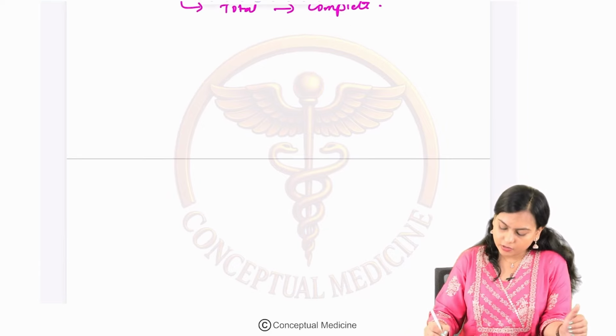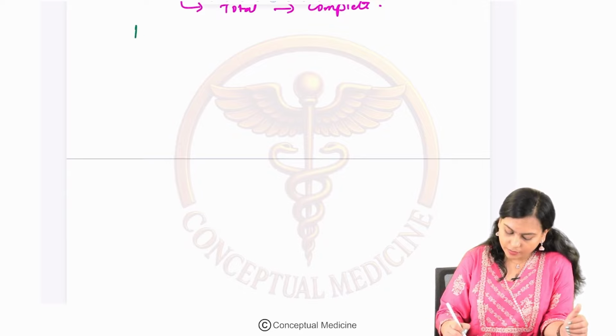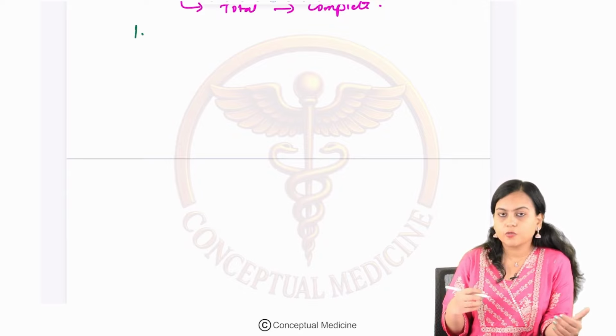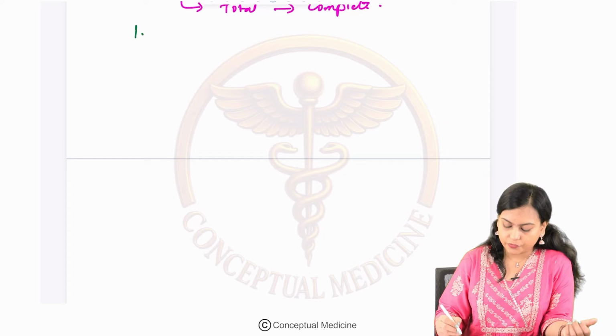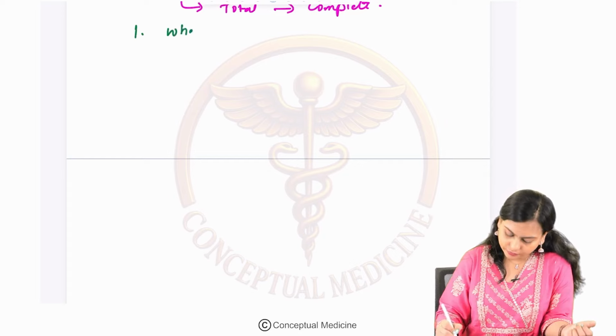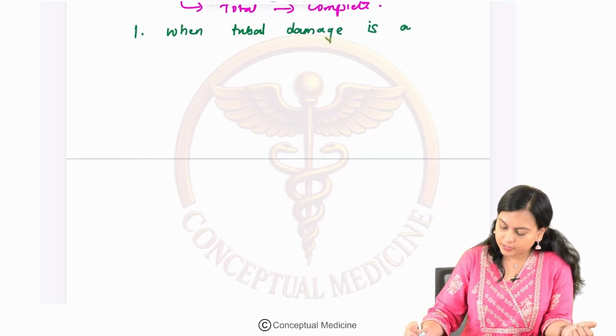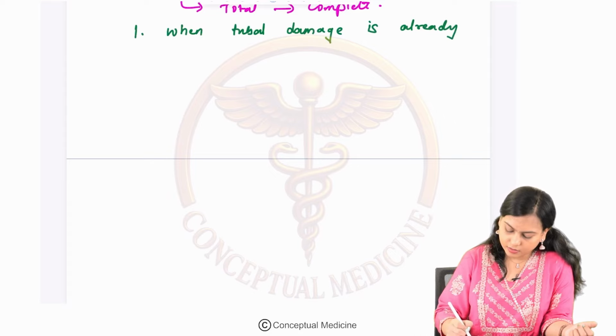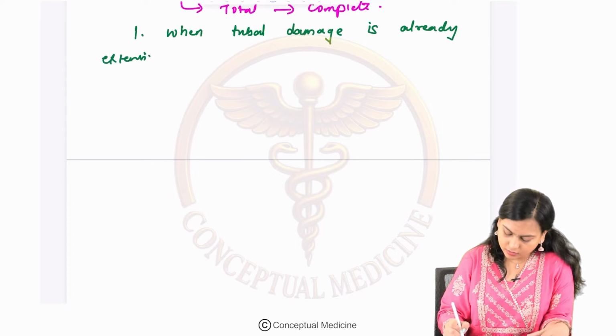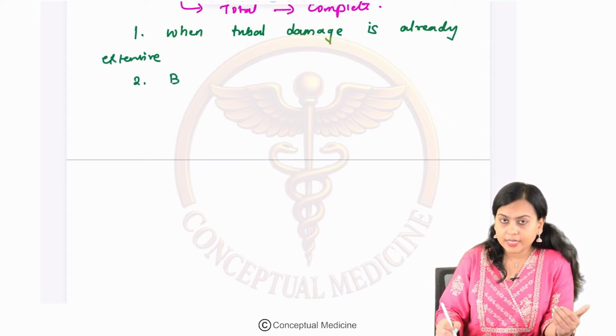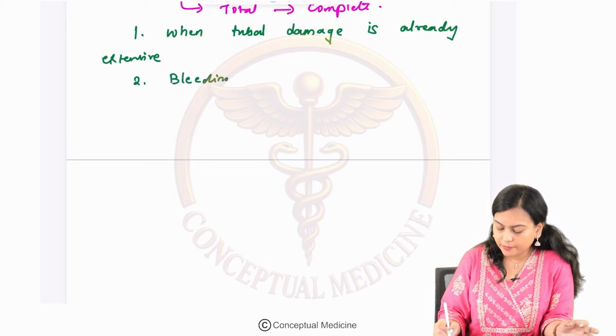Okay, because number one, sometimes the tubal damage is already extensive, and there is bleeding happening which is uncontrolled bleeding.